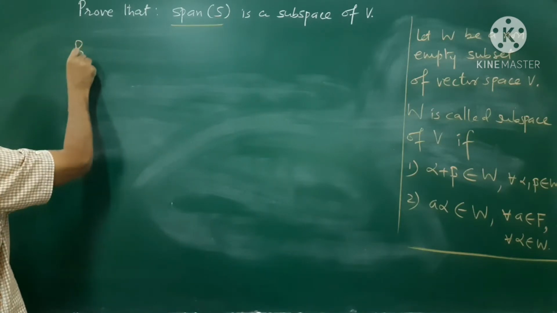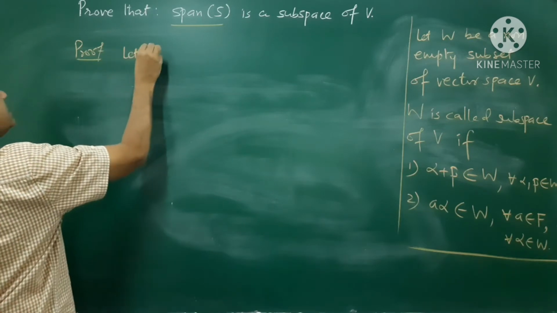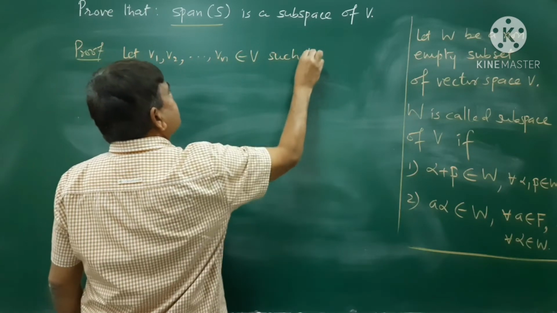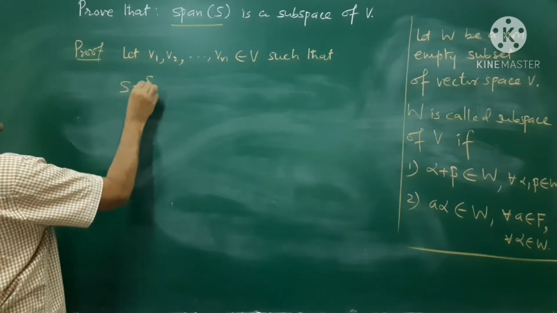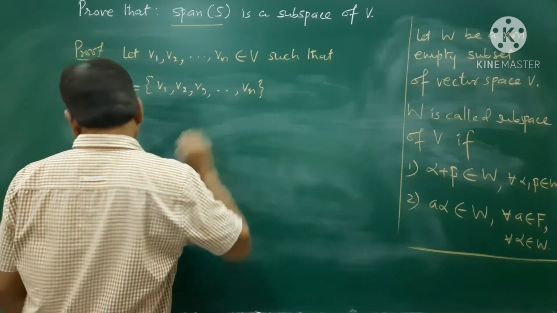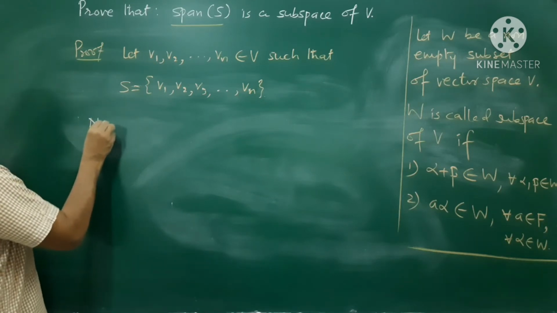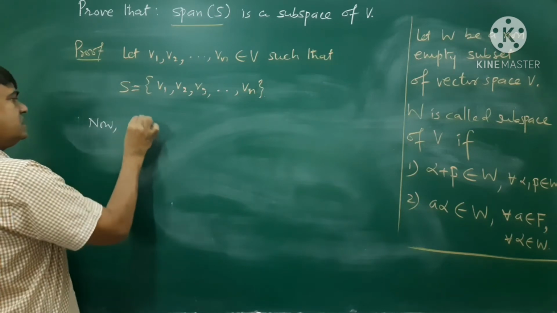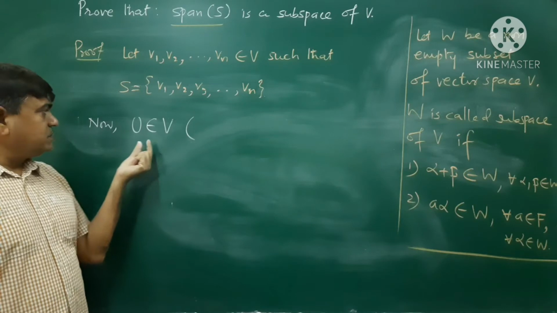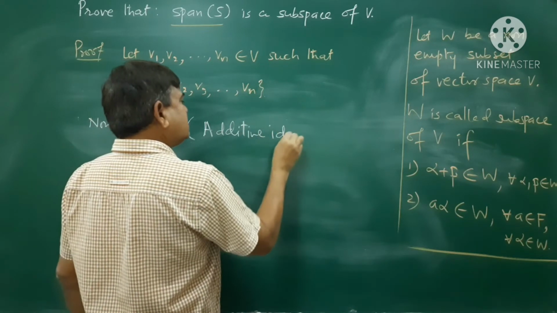See, span S. So let V1, V2 up to Vn be the vectors of S. Now remember, the zero vector is the identity element because this is the vector space. So this is the additive identity.